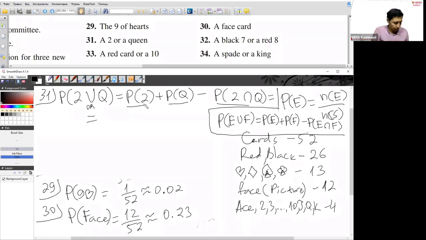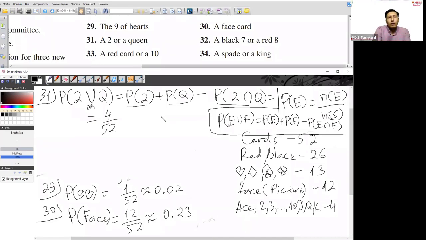Therefore, I write 4 out of 52. If it's about cards, the denominator will always be 52. If it's about one die, the denominator will be 6. If one coin, the denominator will be 2. 2 coins, the denominator will be 4, and so on.